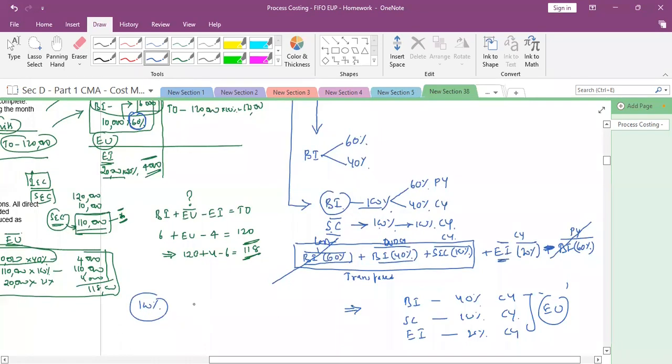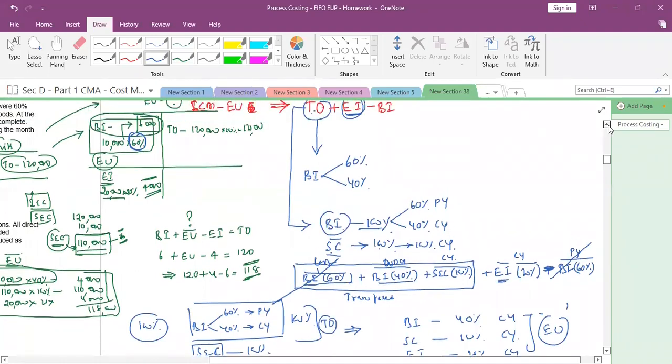So beginning inventory 60% work done in the past year, correct? 40% work done in which year? Current year. So this is the beginning inventory 100% completed, right? Then started and completed how much? 100%. This is equal to what? Transferred out, no? That is what we are calculating here.